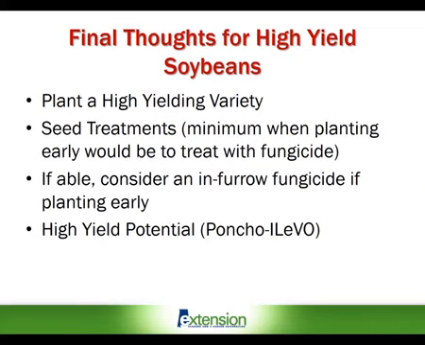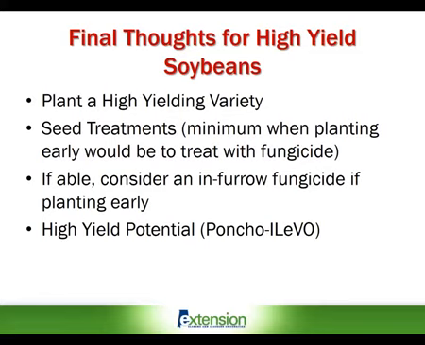Now, if you plant early and you've got the ability to put an in-furrow fungicide, I would consider doing that. I know that in Arkansas and Mississippi Delta, they think that is one of their keys to higher yield. Remember, there's only two fungicides labeled for in-furrow application, and that's Priaxor and Abound.